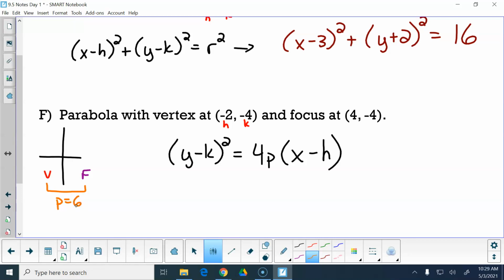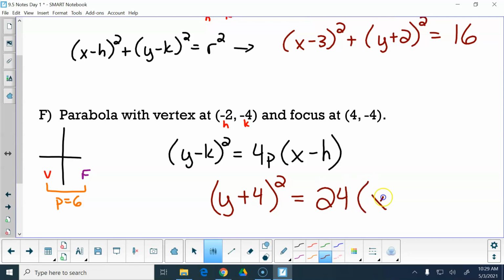So this equation would be y minus negative 4 quantity squared equals 24, because that's 4 times 6, times the quantity x minus negative 2. You had them flipped around.